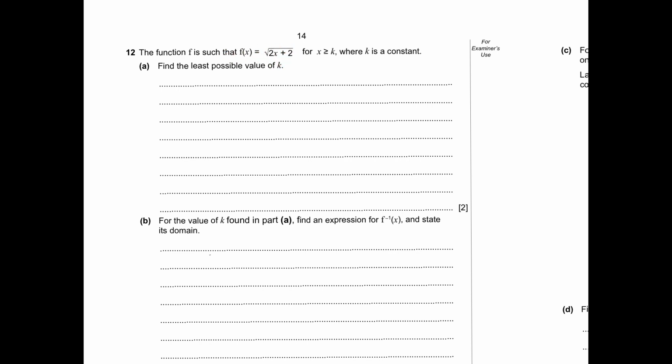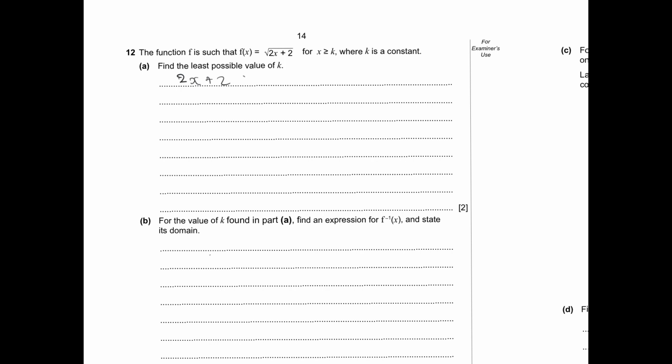All right. So remember, what we need to know is that we cannot have the square root of a negative. So that which is inside the square root sign should always be greater than or equal to 0. Of course, it's possible to have the square root of 0. So we have 2x plus 2.